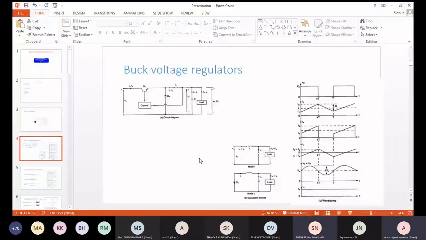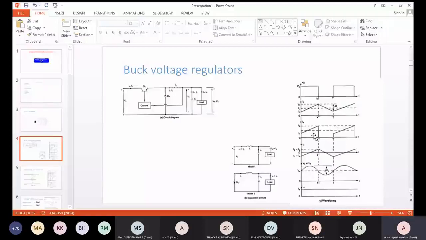So here, this is basically a buck voltage regulator, and there are some waveforms that have been displayed on the screen. Basically, this is just a current waveform, voltage waveform. Then which current and which voltage? In any power converter, we are interested in the current waveform through an inductor, and the voltage waveform across a capacitor.